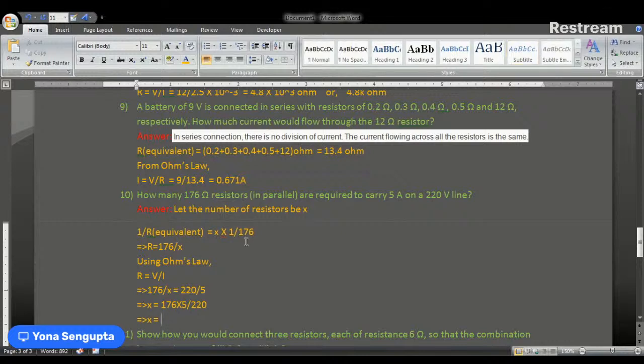So the answer line would be the number of resistors required are 4.